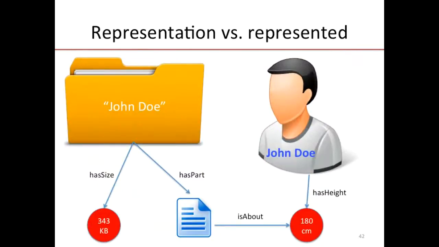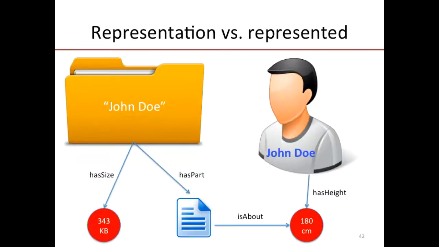And this is really important, because when we represent our data, we often make the mistake of mixing up the representation of the data with what the data is about. This is an example of it. Our electronic medical record has a size which is, I don't know, 343 kilobytes.